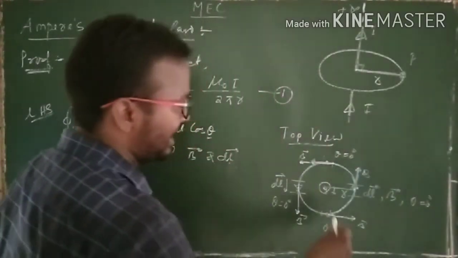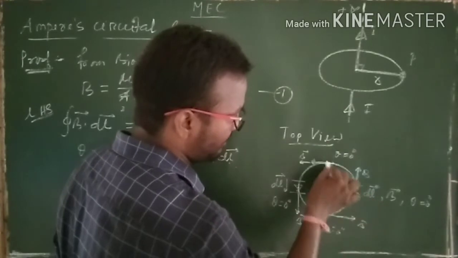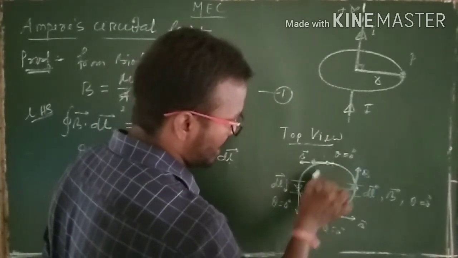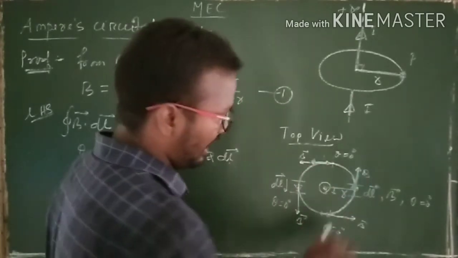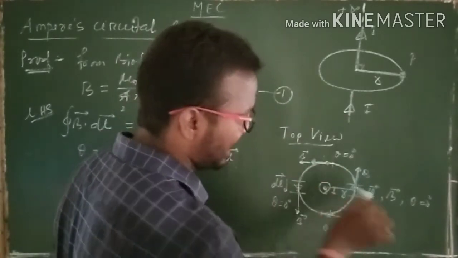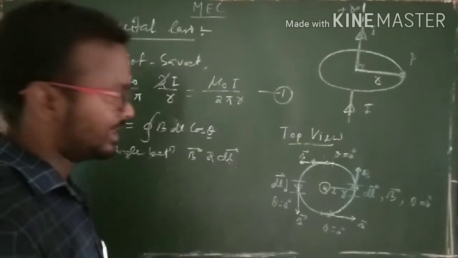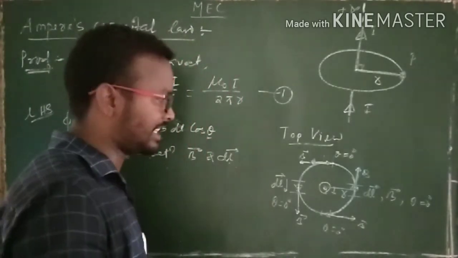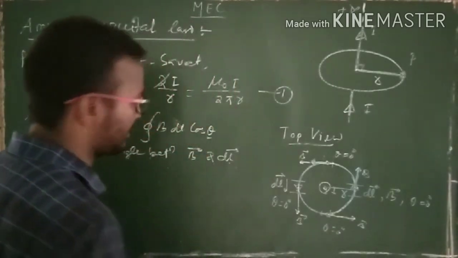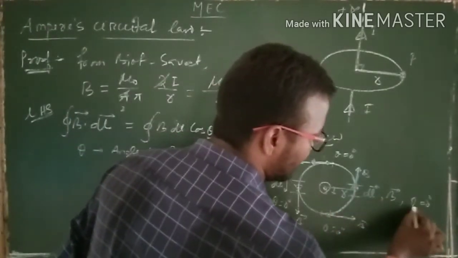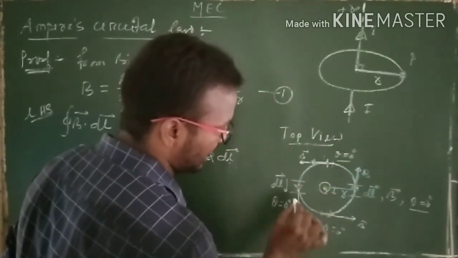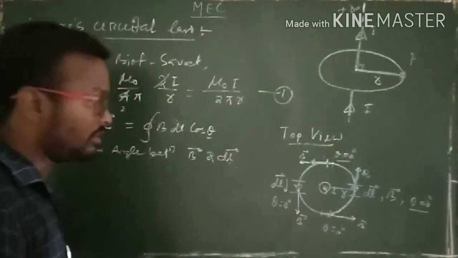Ampere's circuital law gives the symmetry. Symmetry means the magnetic field strength is the same at each point, and theta is also the same. This is the importance of the Amperian loop, which gives the symmetry. So at every point theta equals 0.